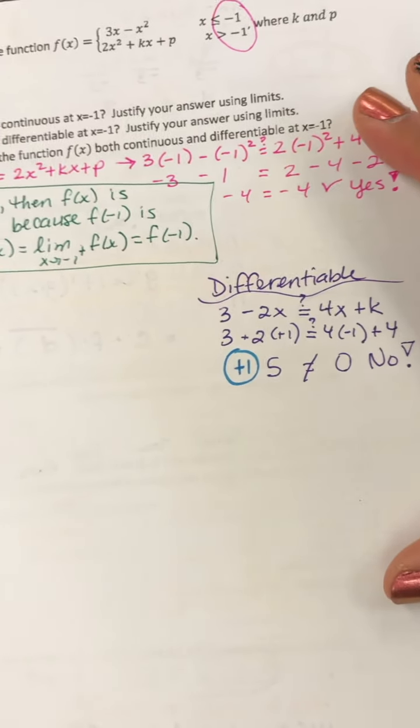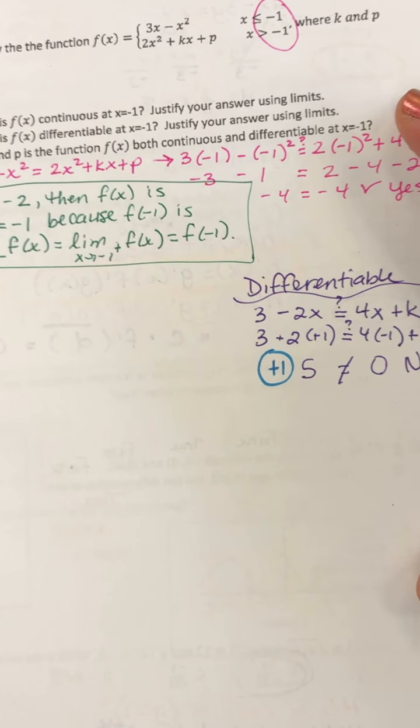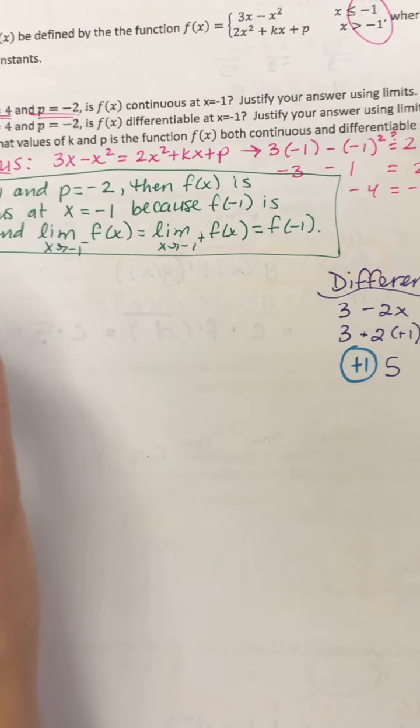Okay, now let's do our write-up then. So I'm trying to decide. I guess I'll keep my write-ups in green. I'll be uniform.